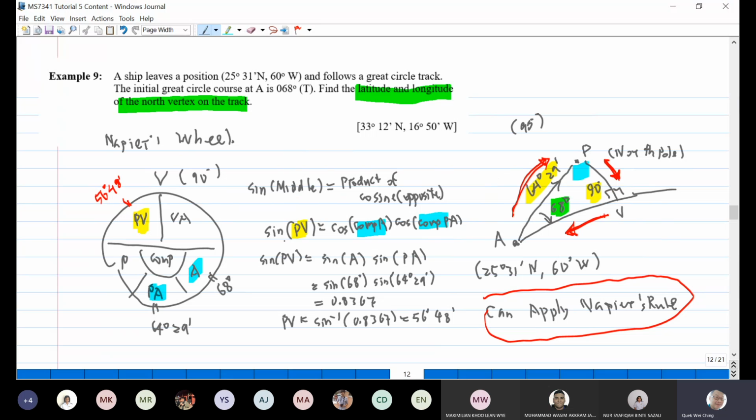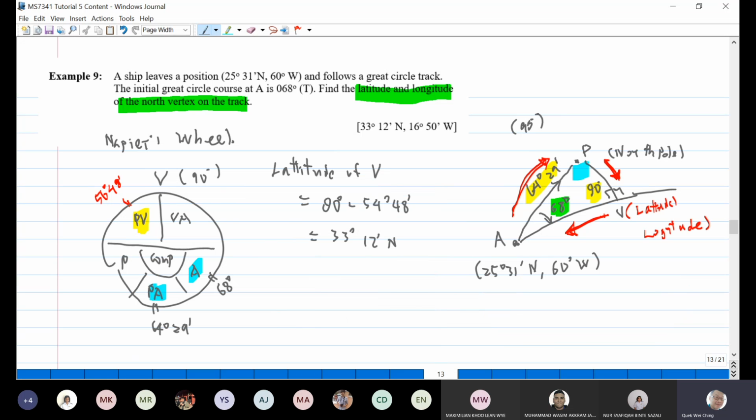On the Napier wheel, you check: sine of the middle part is the product of cosine of the opposite parts. So from here, you find out what is PV. Once you know PV, you can find the latitude of V: 90 minus the distance PV, you find latitude 33 degrees 10 minutes.